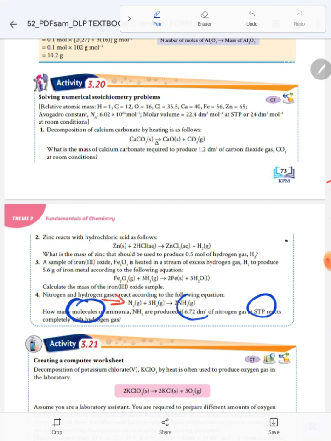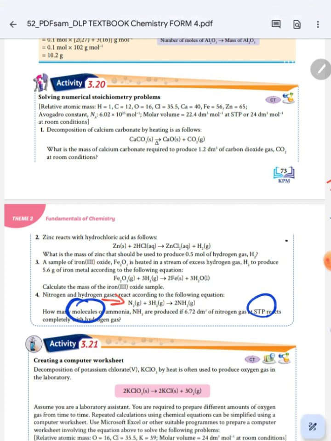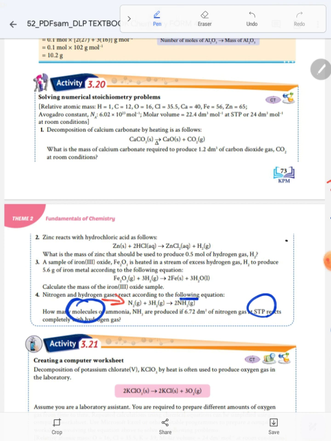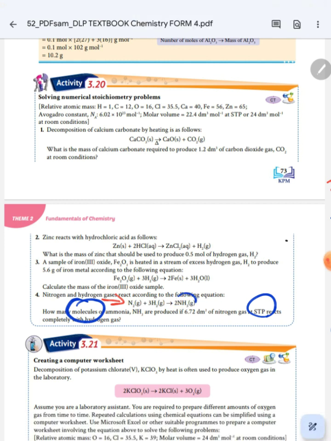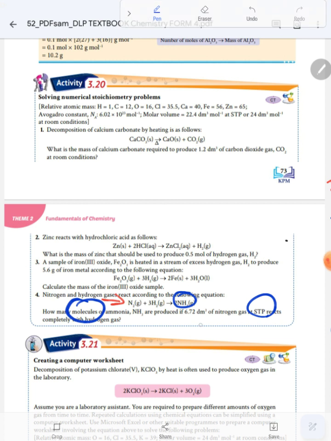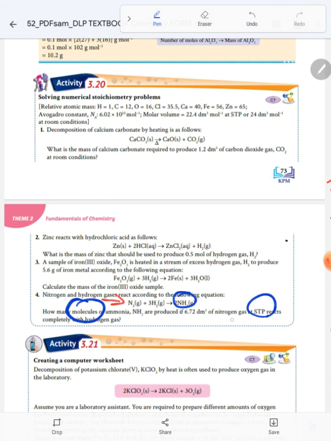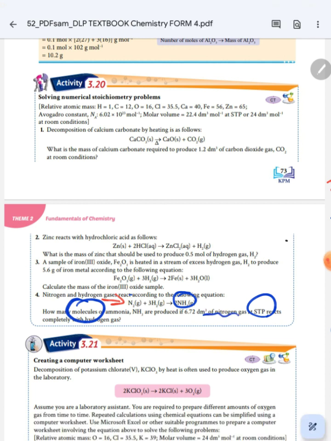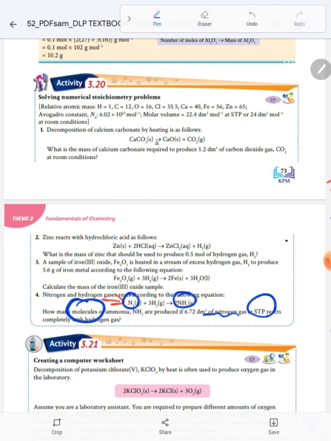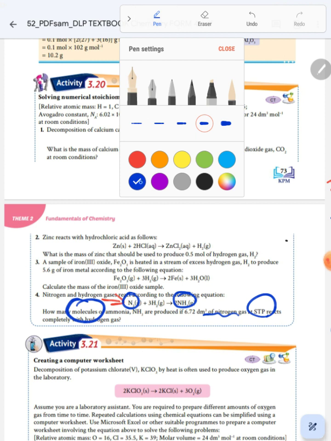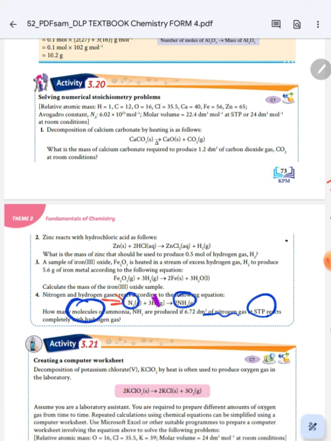Now the question asks you to find the number of molecules of ammonia, given the volume of nitrogen. So which one do you need to ignore? You need to ignore hydrogen here.